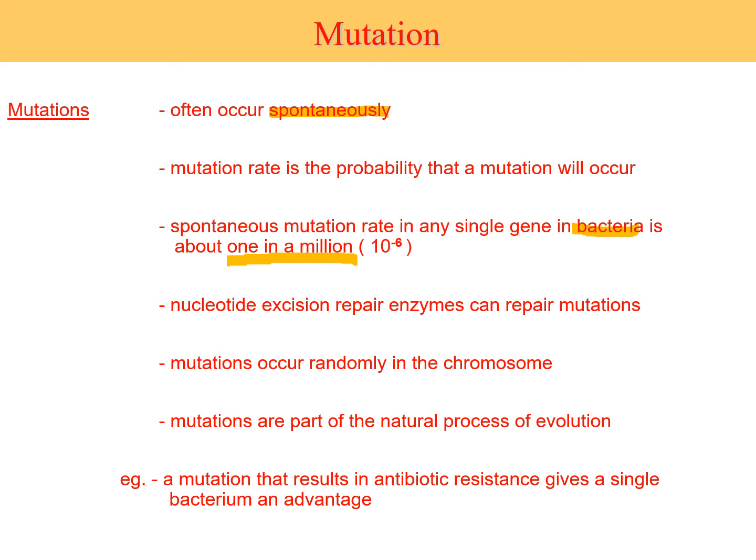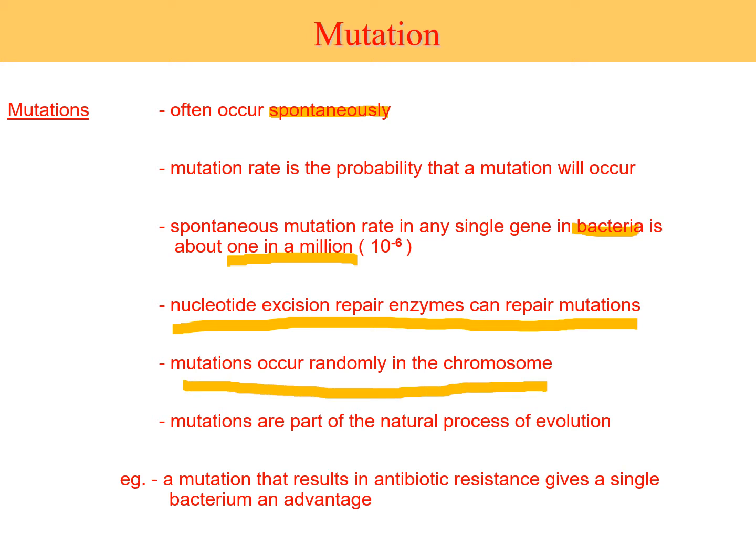There are repair mechanisms that can repair some mutations, but they don't catch all mutations, so mutations will randomly occur throughout the chromosome at a 1 in a million probability.